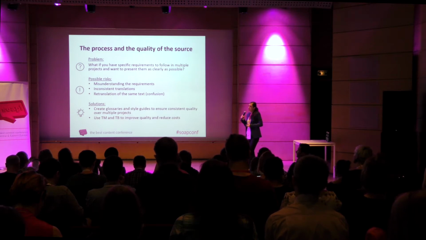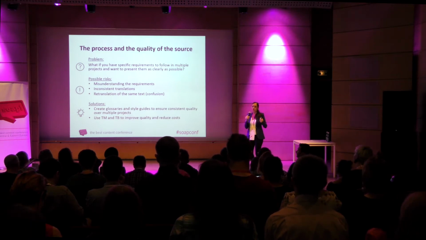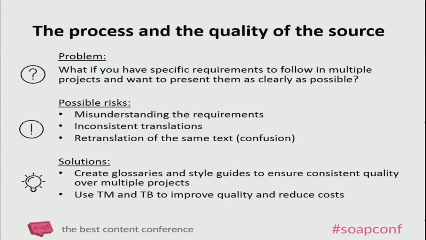You know that you have specific requirements to pass to us, but how to do it clearly? Because you want to avoid the situation when the requirements are misunderstood. We want to make our customers satisfied. And the worst thing is inconsistency in translation. So what helps us to keep consistency? Glossaries and style guides.